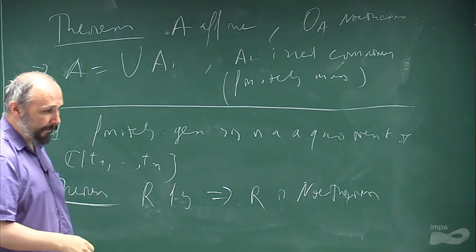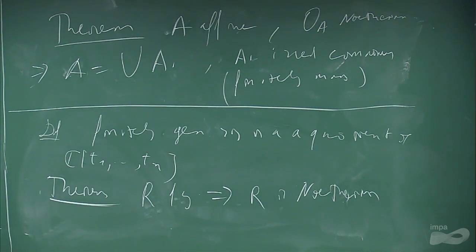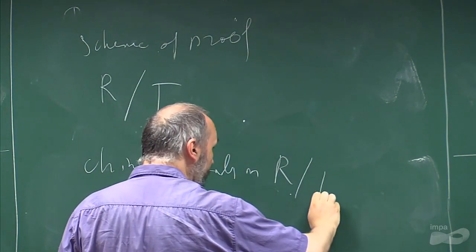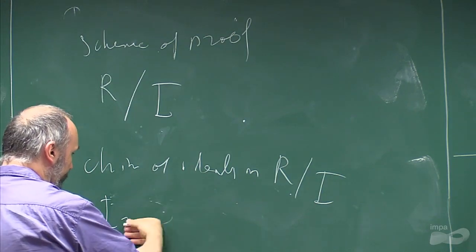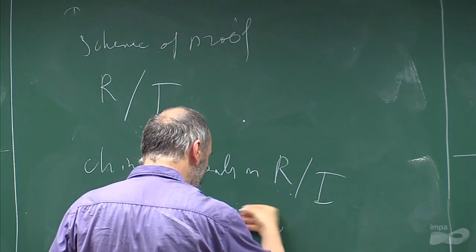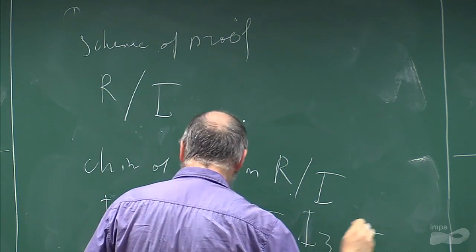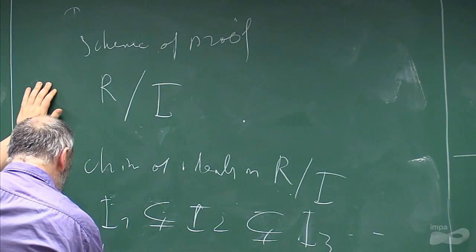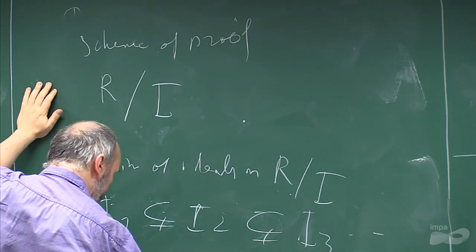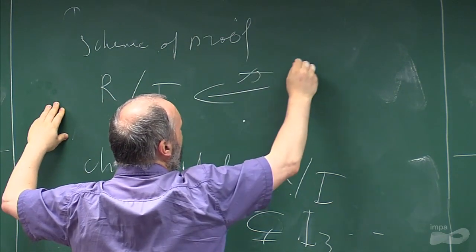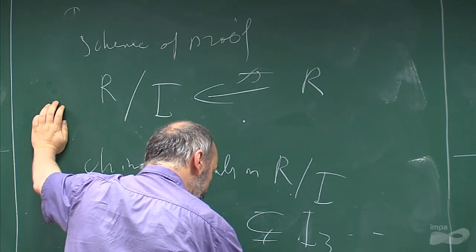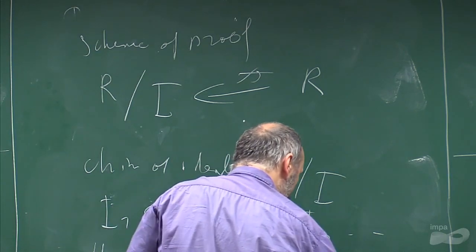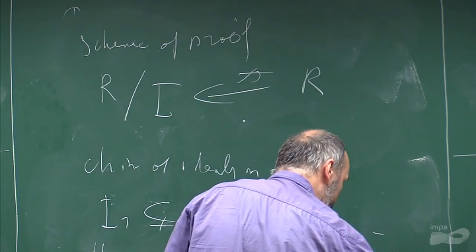So first, the scheme of the proof. You notice that if you have R quotient by I, and you have a chain of ideals in R quotient by I, like I1 contained in I2, contained in I3, and so on, this gives you a chain of ideals in R. You just take the map, let's call it pi, from R to R quotient by I, and you take pi inverse of I1, contained non-equally in pi inverse of I2, and so on.